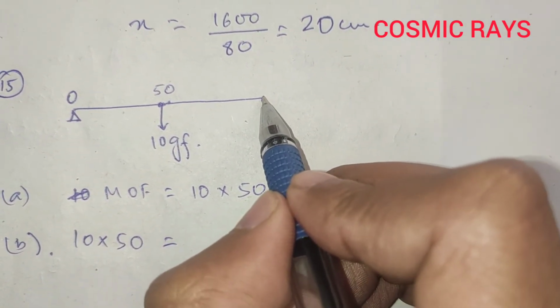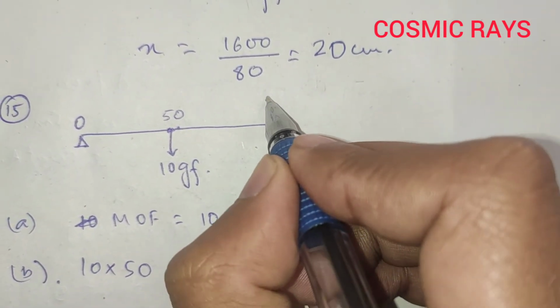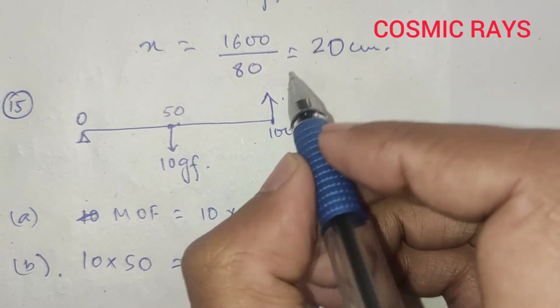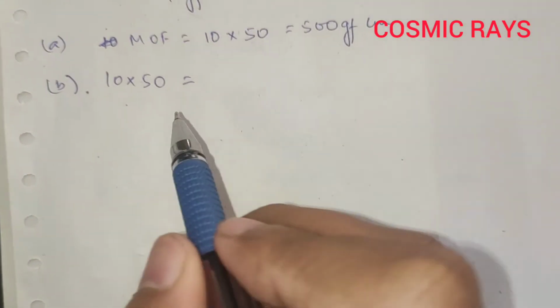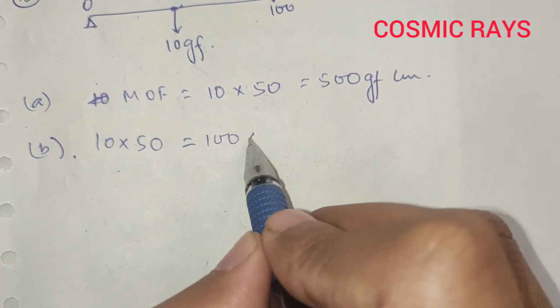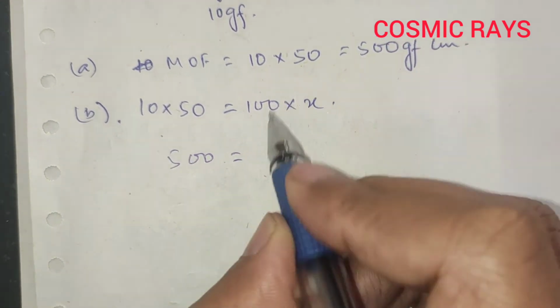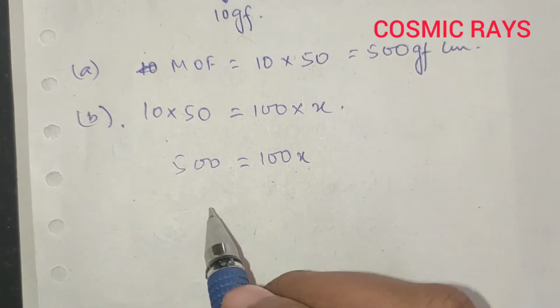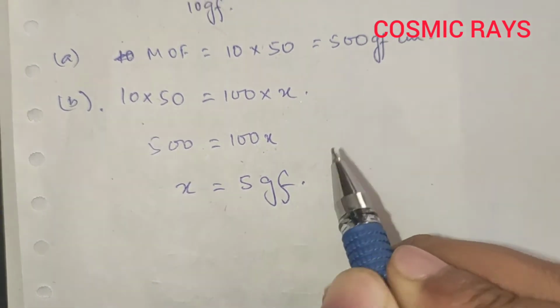Now this has to be at 100 centimeter, and let's say that the force is x GF. So we have 100 into x. So this will be 500 is equal to 100x, or x is equal to 5 GF.